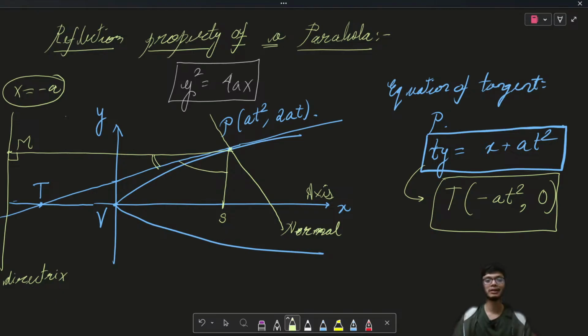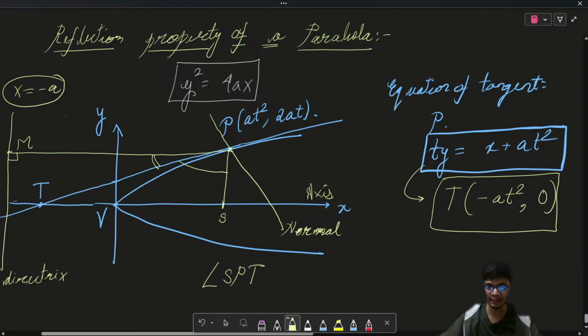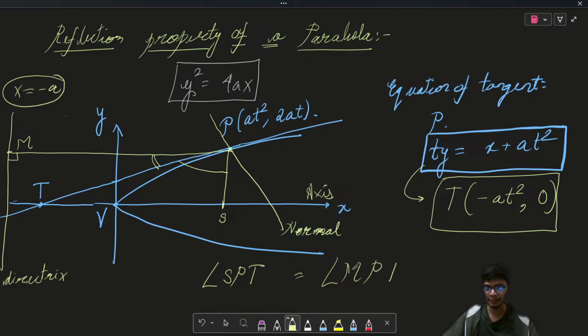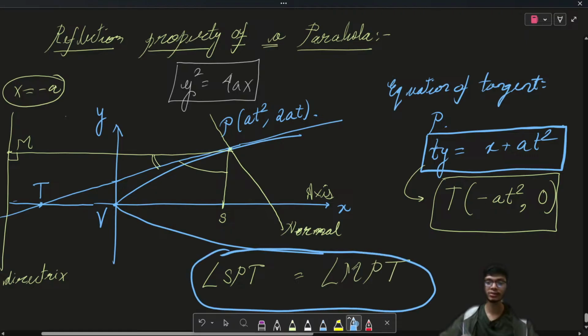The figure might look odd, but what I'm trying to convey is that angle SPT is equal to angle MPT. So this is a very important conclusion that will come out of this.